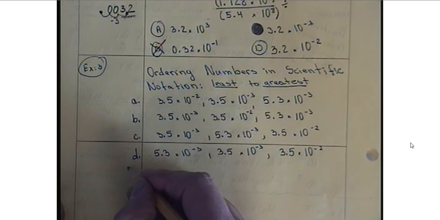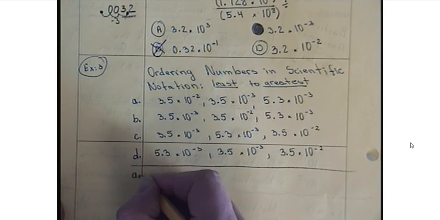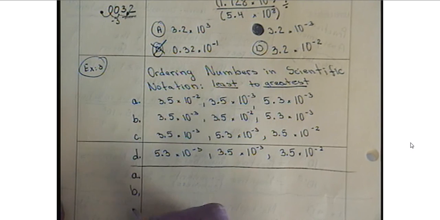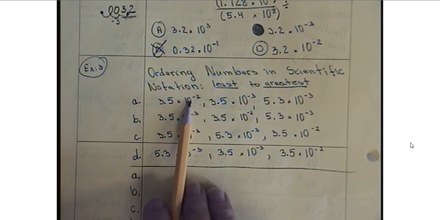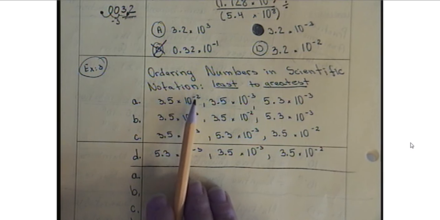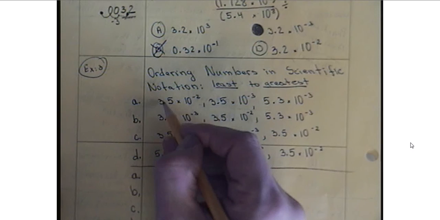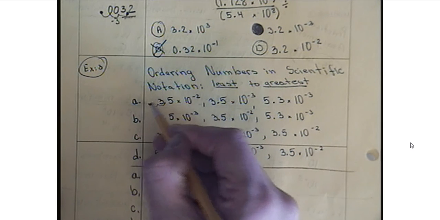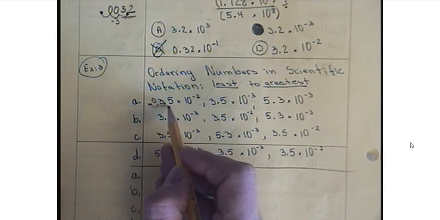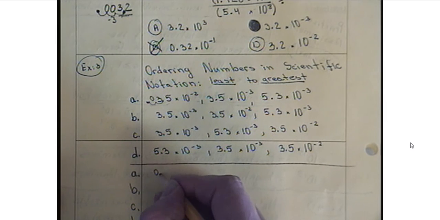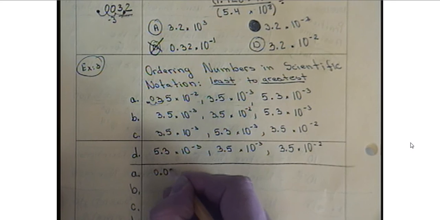So I'm gonna draw a line and start with A, B, C, and D. First one, 3.5 times 10 to the negative 2. Since it's a negative power, we're moving the decimal point 2 times to the left in order to get a small one. So this will be 0.035.